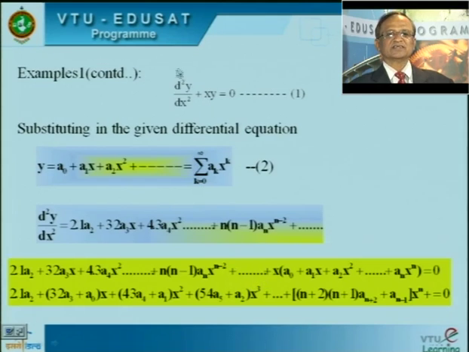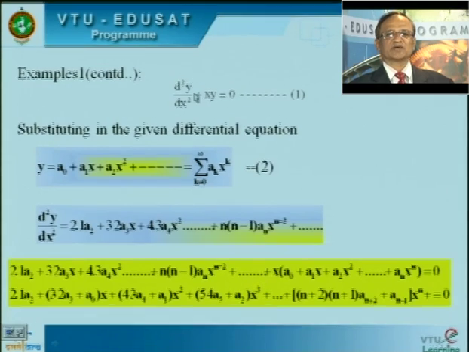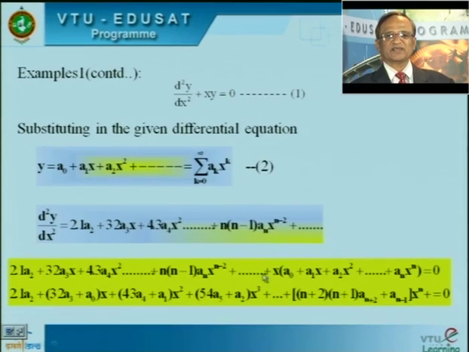Plus x into y. What is the value of y? a naught plus a1x plus a2x square plus a3 into x to the power 3 plus so on an into x to the power n is equal to 0.